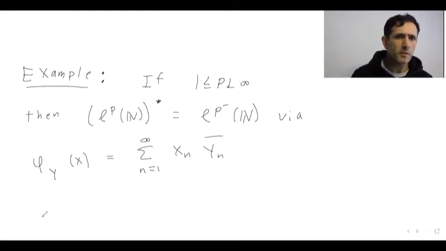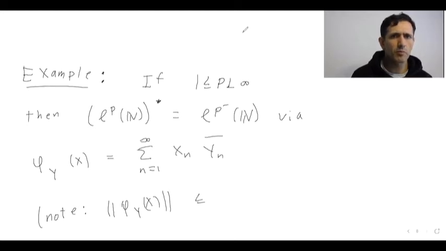Okay. So one thing I want to emphasize and make clear: this is clearly linear, and by just the discrete Hölder's inequality, this is pretty obviously less than or equal to, just smash in absolute values, modulus, whatever, the lp norm of x times the lp prime norm of y.